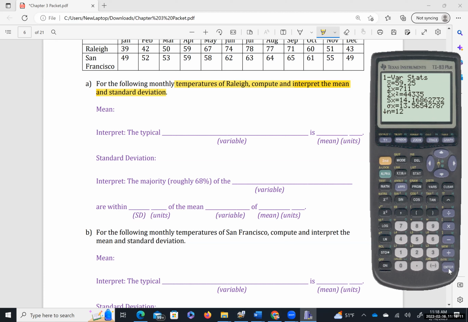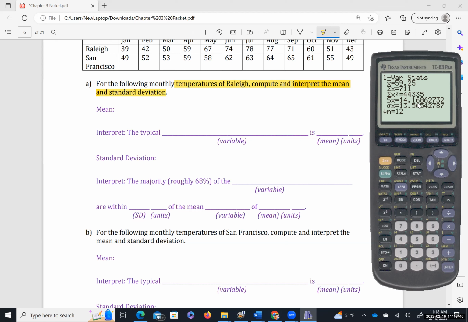So right away I get the sample mean is 59.25, and the sample standard deviation is 14.17 at 2 decimal places.